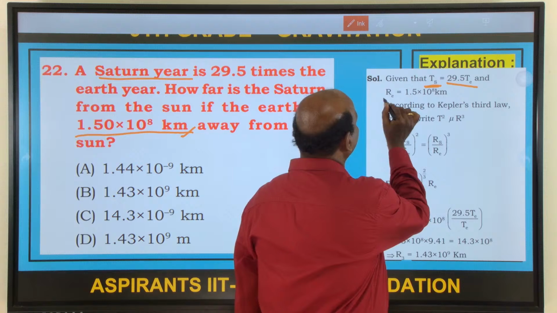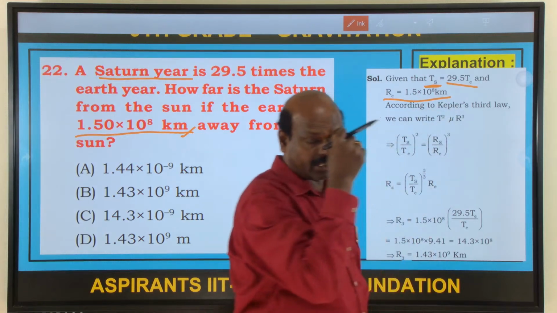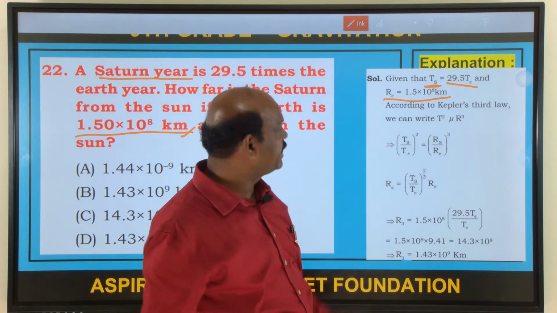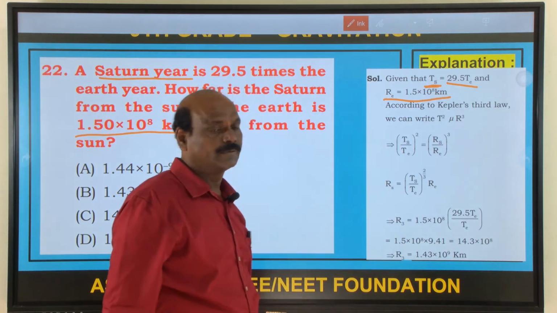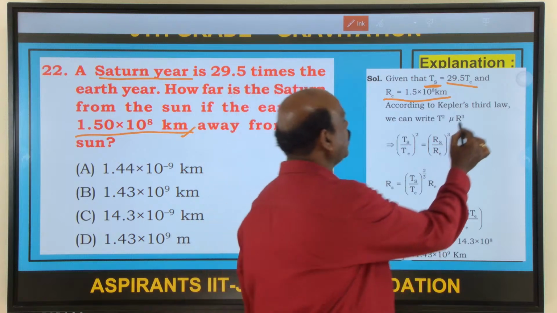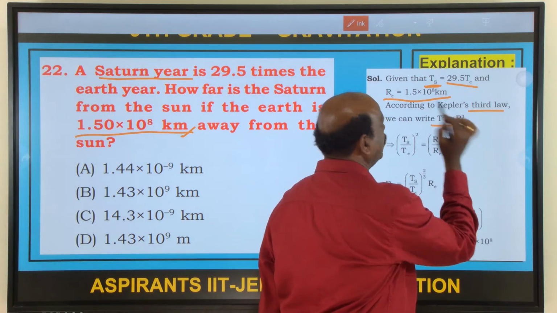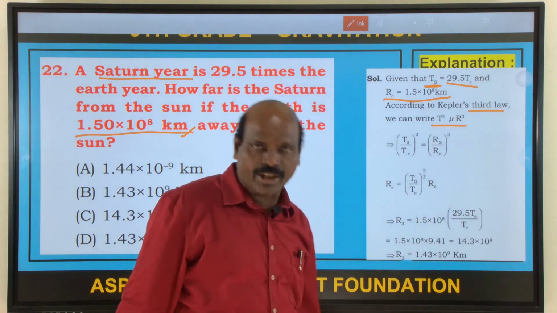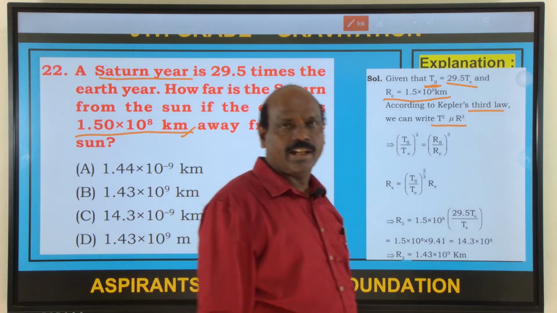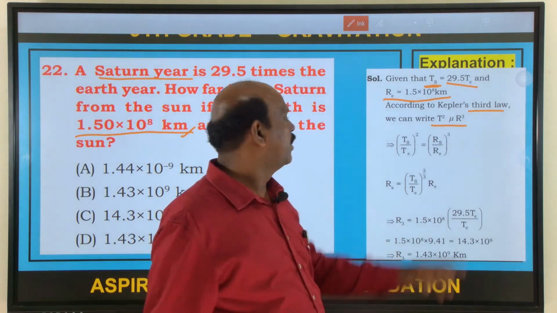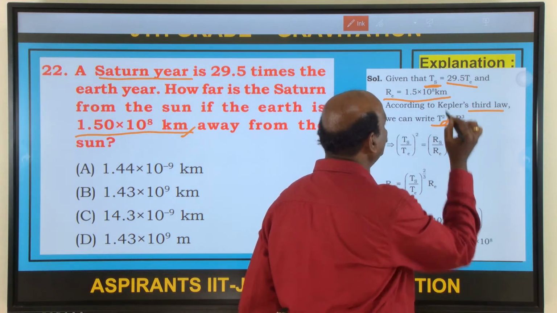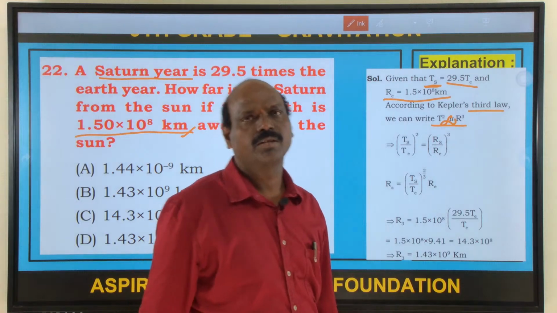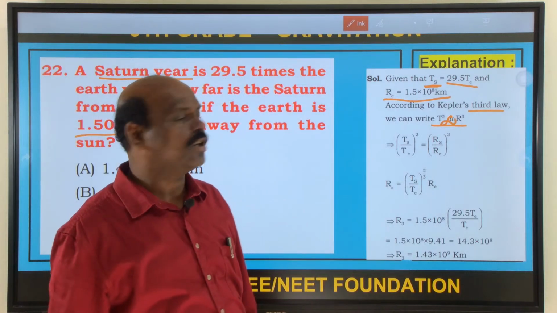The distance from the Sun to the Earth is given as 1.5 into 10 power 8 kilometers. According to Kepler's third law, for the time taken by a body revolving around a certain object, the relation is T square is proportional to R cube.